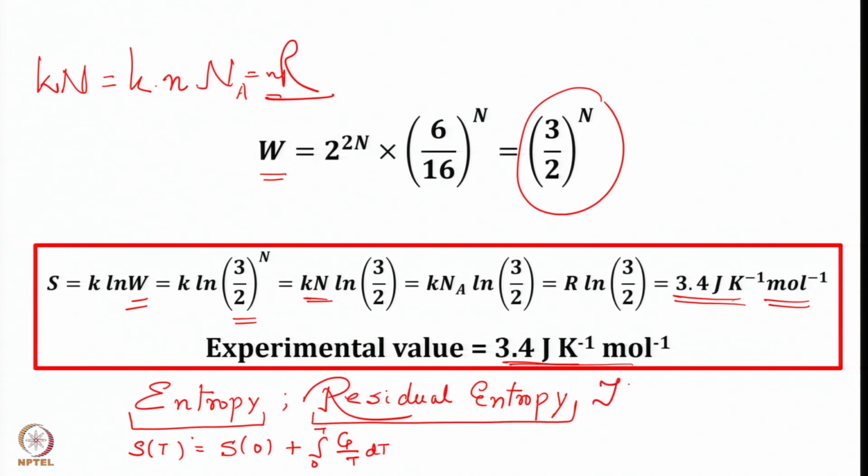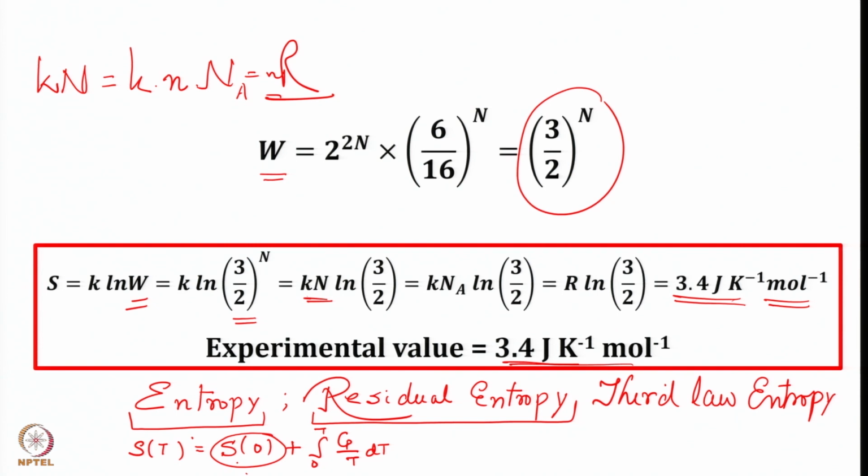Let me write that term here: third law entropy. The entropies which are determined based upon S0 equal to 0 are called third law entropies. I repeat, entropies which are based upon the values of S0 equal to 0 are third law entropies.